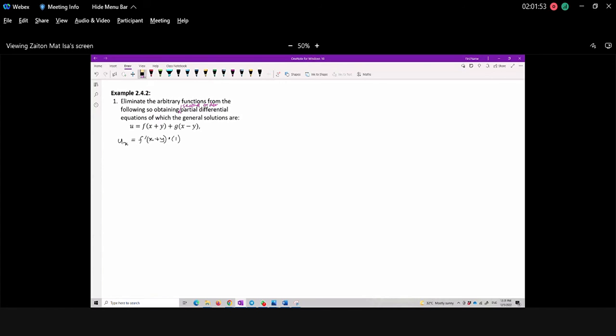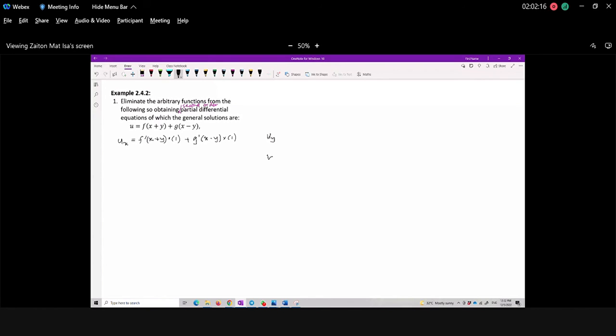So 1. That's for f. For g, plus g prime of x minus y. And here I also write times 1, though not writing it is fine. That is your ux. Okay. We also need uy.